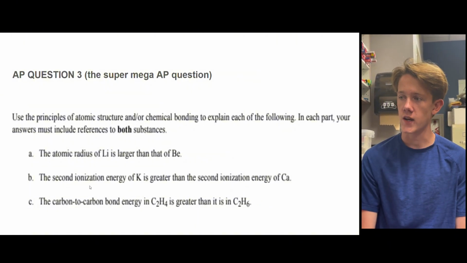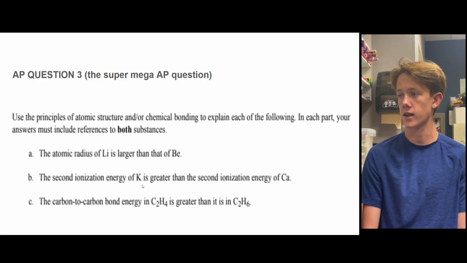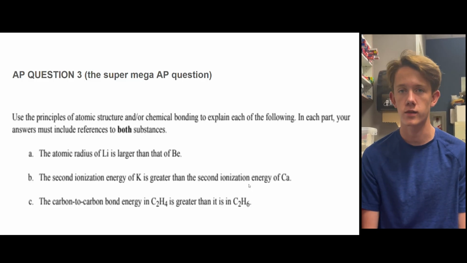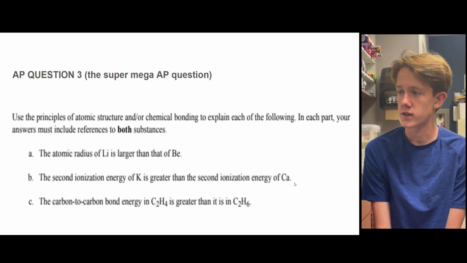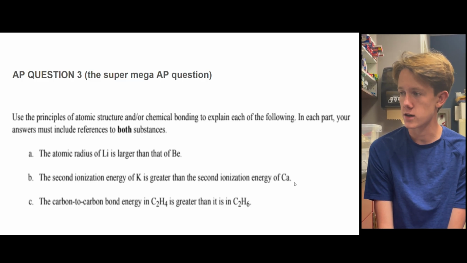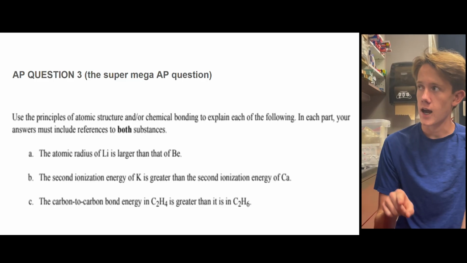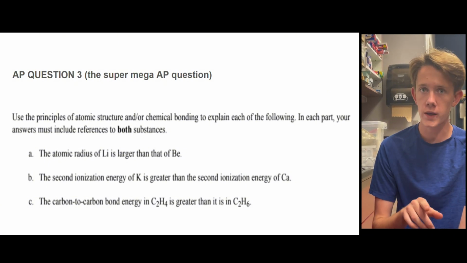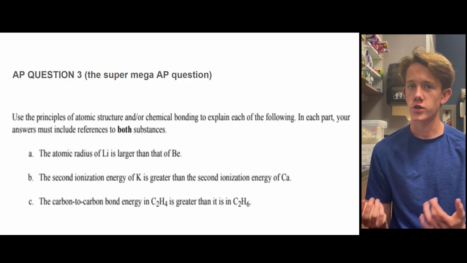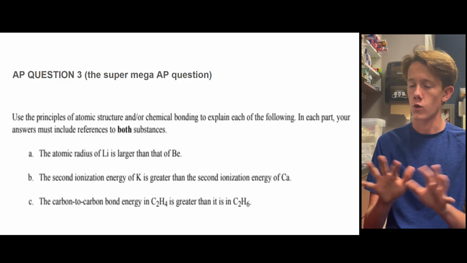For B, the second ionization energy of K is greater than the second ionization energy of Ca. This is because for the second ionization energy of calcium, you're still in that 4s orbital of the atom, so it's not going to cost as much because it's still in the valence shell.